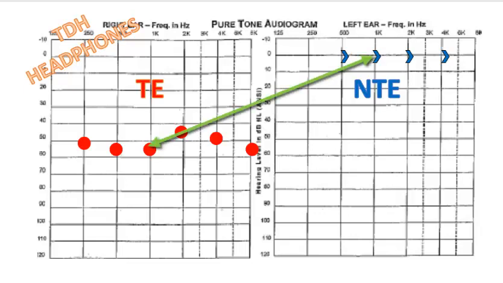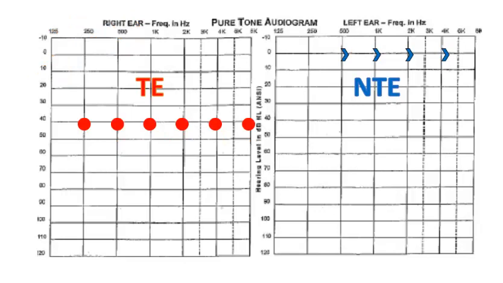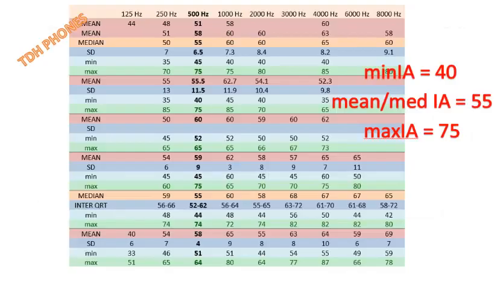In this case, with a min IA value of 40 dB, masking would be necessary for the right air conduction threshold at 1000 Hz. However, if the real IA was 40 dB in this scenario, then the air conduction threshold responses would look something like this.